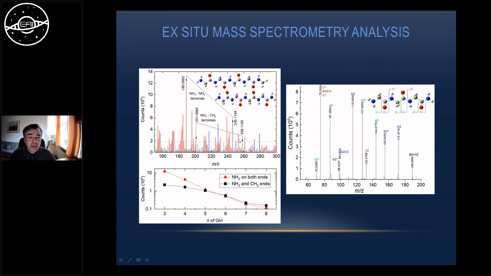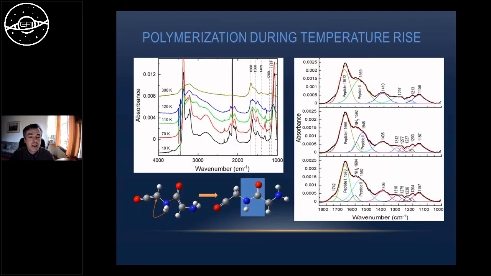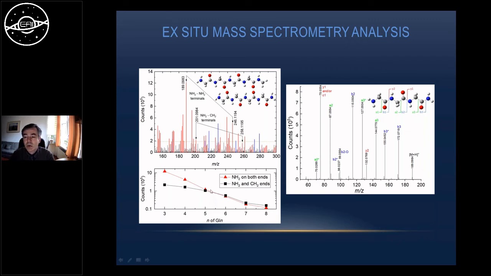There is a big number of bands, but the important thing is that most of the bands, at least those marked here in red, belong to a series or progression, where the spacing between the bands always corresponds to the mass of the monomeric molecule aminoketene. And the presence of this progression again tells us about the polymerization of aminoketene.